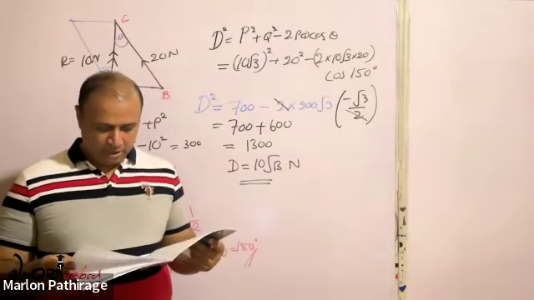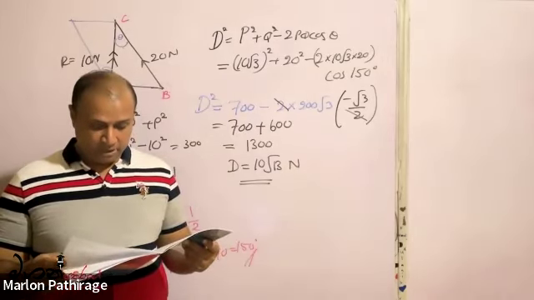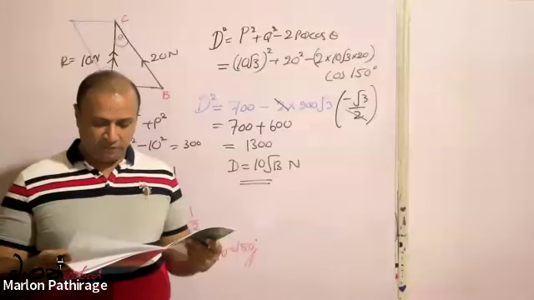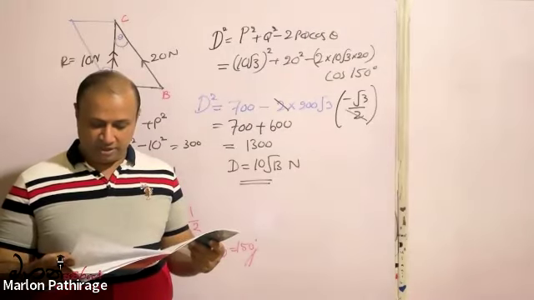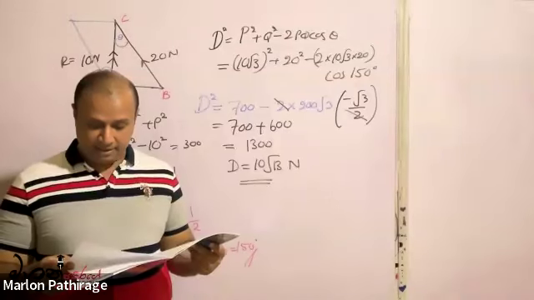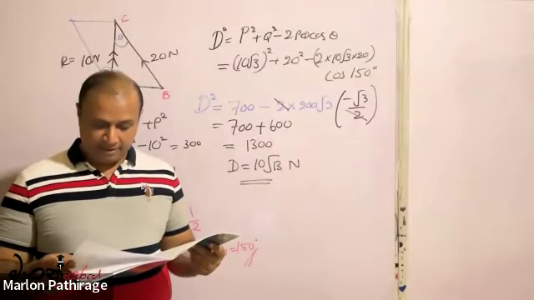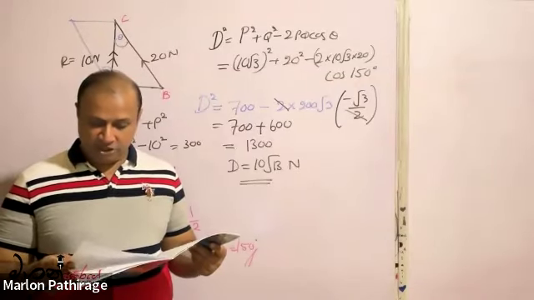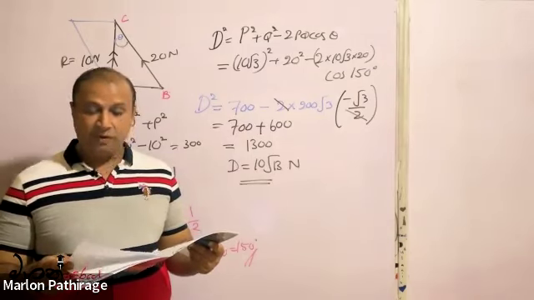Fourth one. For two equal forces inclined to each other at an angle theta, the angle which the resultant makes with one force.